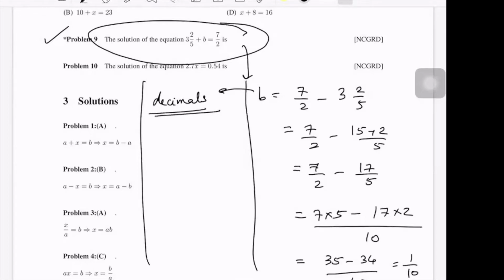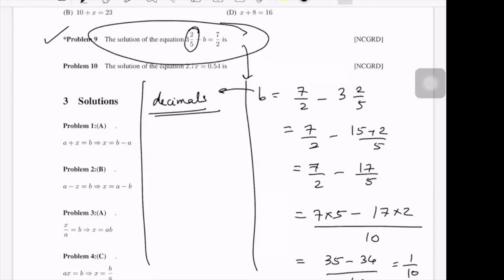How? This 3 and 2 by 5. What is 2 by 5 basically in the decimal form? No, it's 2 by 5, not 2 by 10.